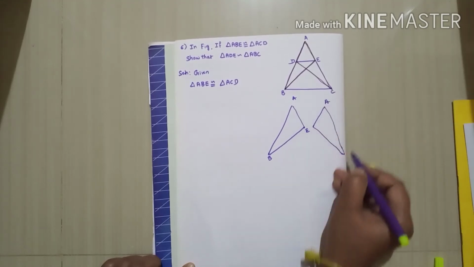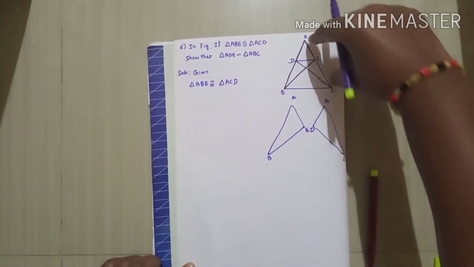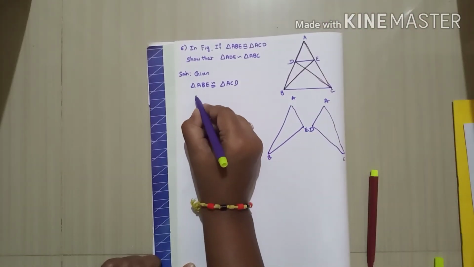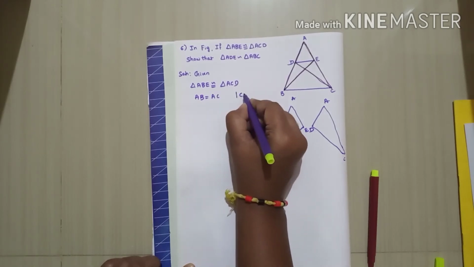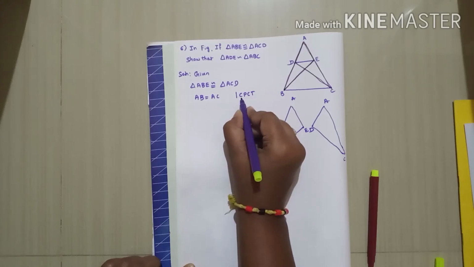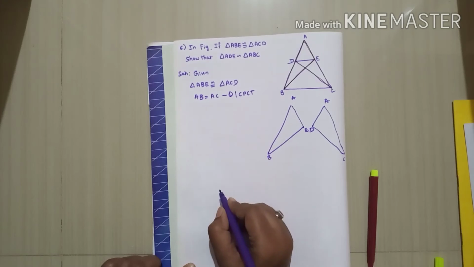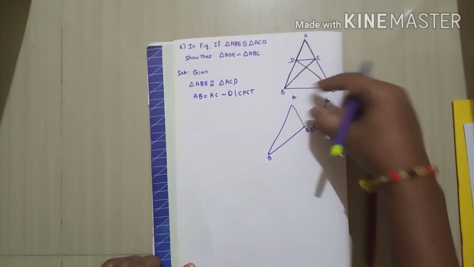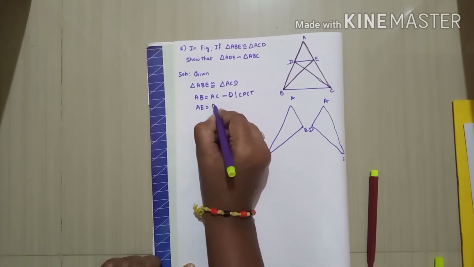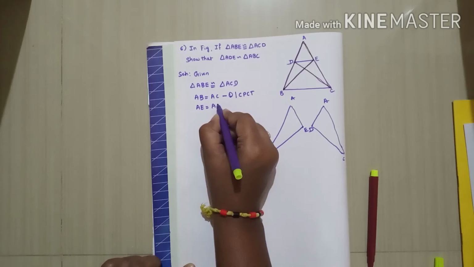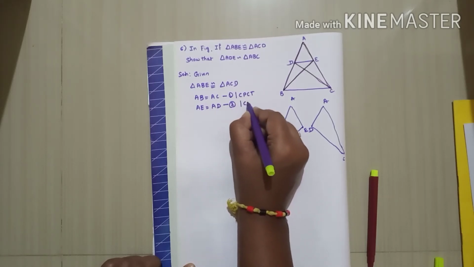This is A, C, D. See, by seeing this, AB equal to AC. These two sides are equal, no? Therefore, AB equal to AC. What is the reason for this? CPCT. CPCT means corresponding part of congruent triangle. This one you take as equation 1. Next, see, AE equal to AD, no? AE equal to AD. This one you take as equation 2. This is also by CPCT.